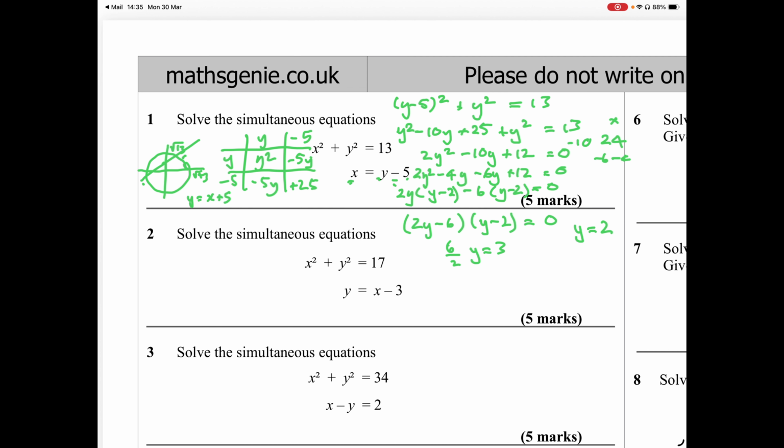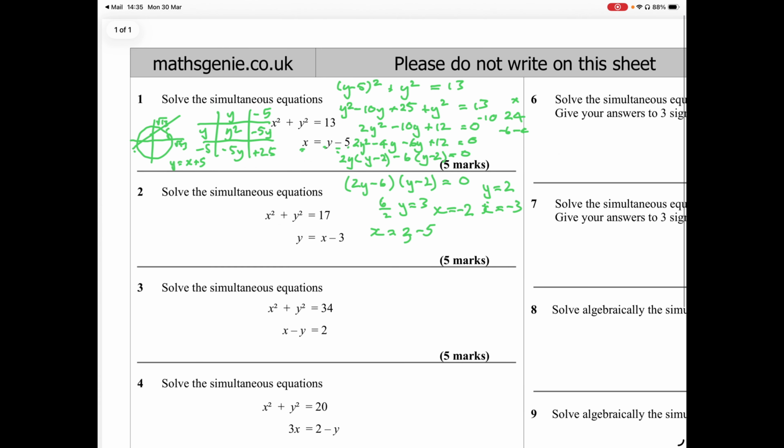If y equals 2, then x equals 2 minus 5, so x equals minus 3. And if y equals 3, that would be 3 minus 5, so x equals minus 2. And that is how we solve this particular simultaneous equation.